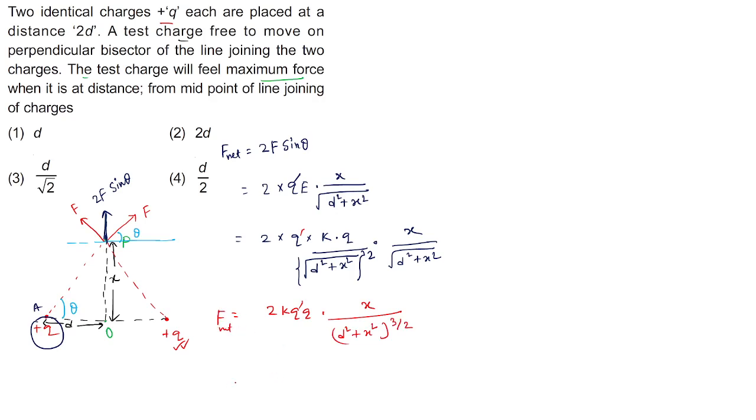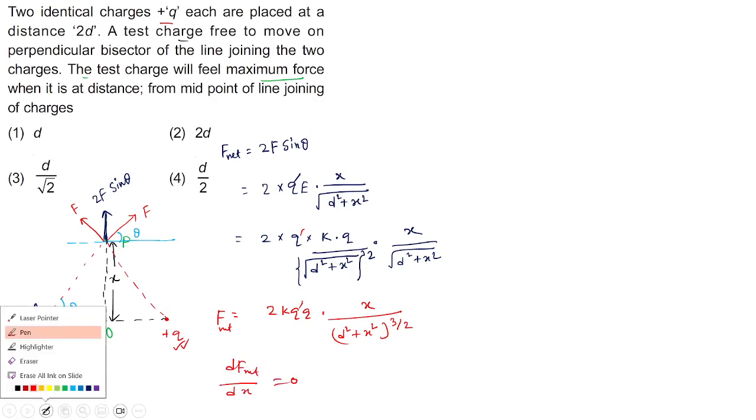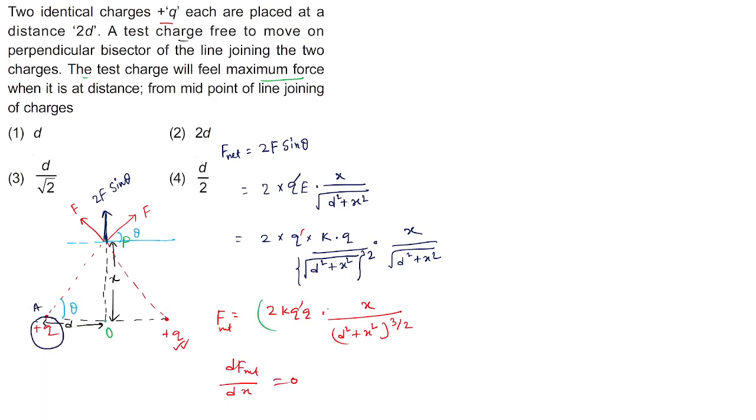And now we have to maximize it. The condition for the maximum force experienced by the test charge is dF net by dx equals 0. These quantities are constant, so after taking the derivative they go to the right side as 0.